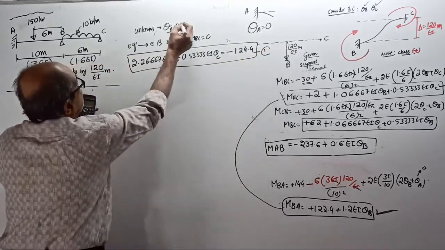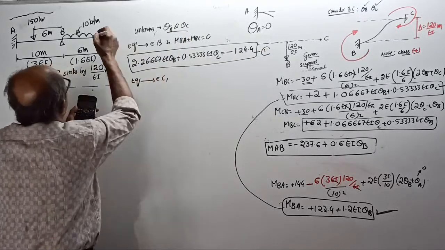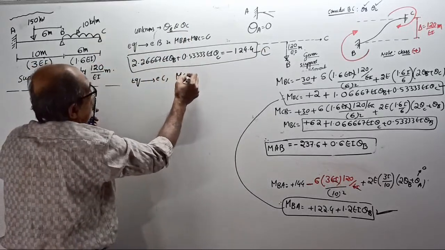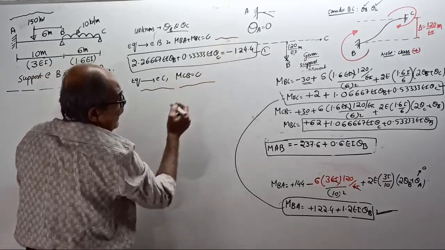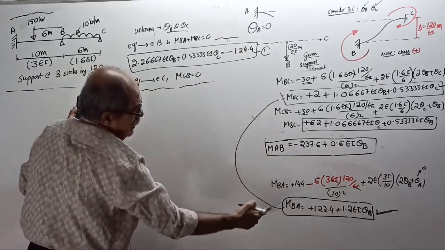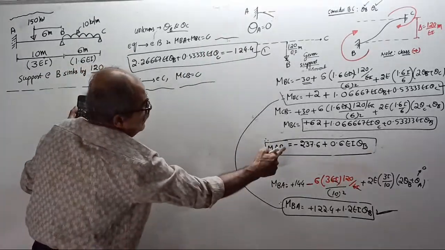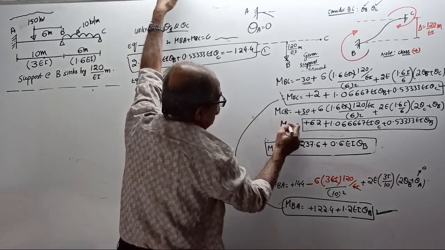Then next unknown is C. Equilibrium condition at C is only one member is there. MCB 0. So substitute that. Here you substitute that one. You will get MCB, where is it? Oh, this is not MBC, this is MCB. Okay.